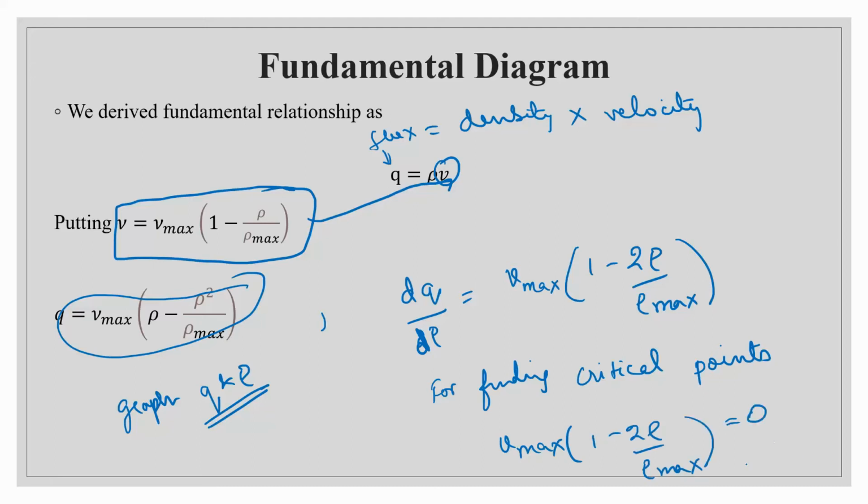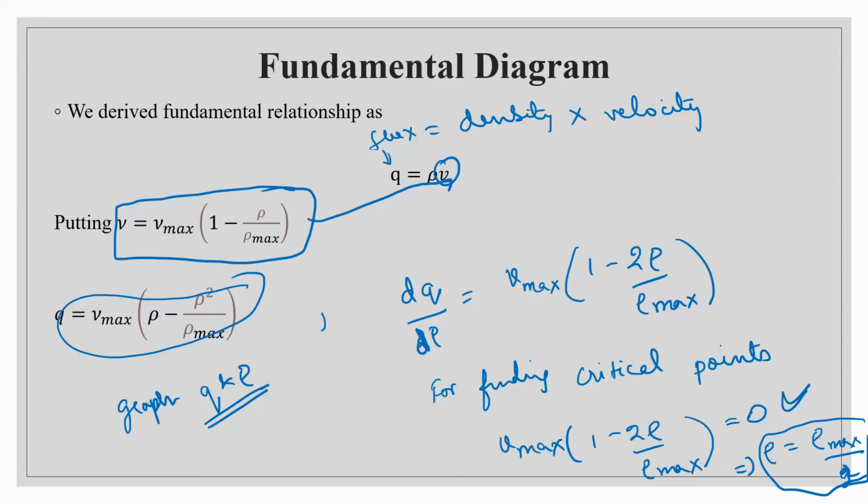And if I put this equal to 0, I will find that my rho becomes rho max by 2. Now I got my critical point. That means that maxima or minima can happen at this point. Now let's see the second derivative.